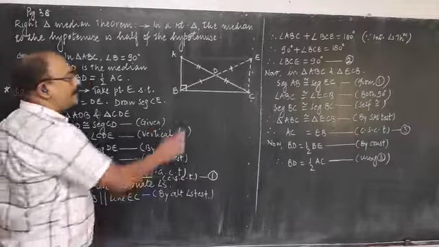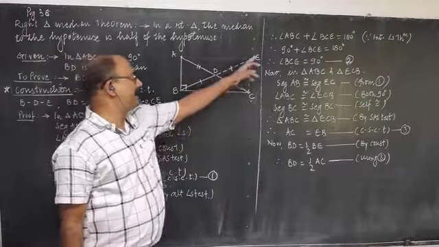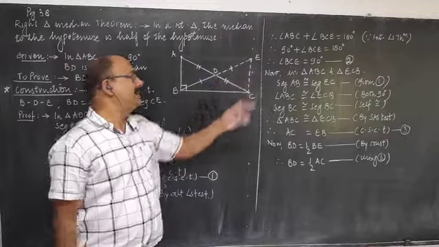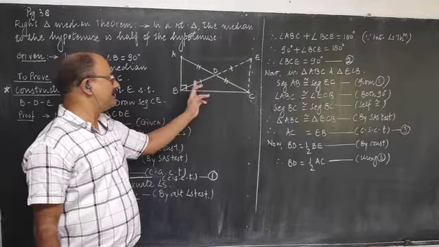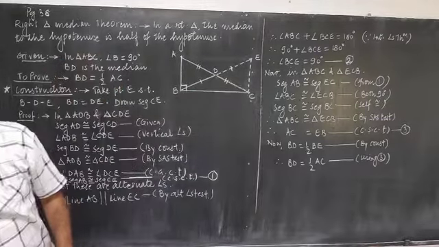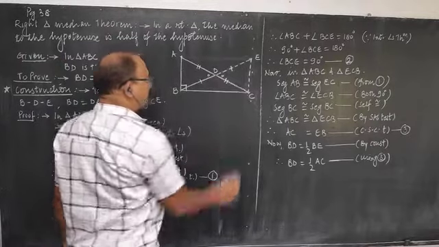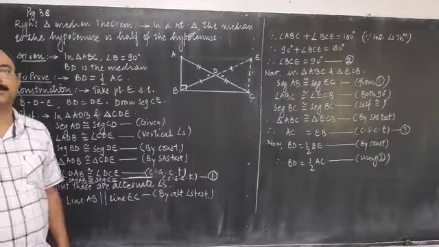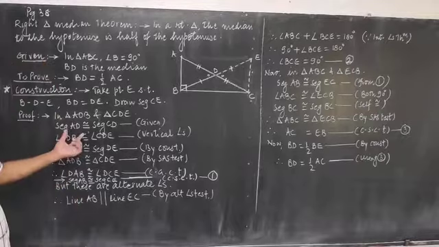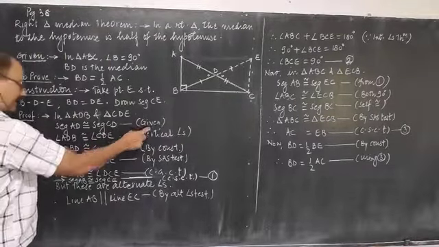Now, if you consider these two triangles, triangle ADB and triangle CDE, this side is congruent to this side, this side is congruent to this side, and these two are vertically opposite angles. Therefore the triangles are congruent by SAS test. We have written AD is equal to CD, this is given.